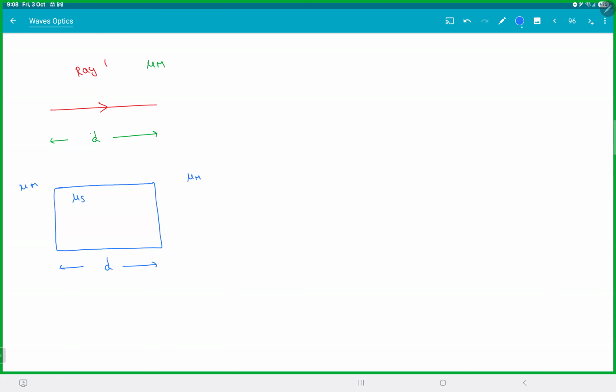now if you send a ray 2, what will Ray 2 think? Ray 2 will think it traveled mu s d by mu m while going through the slab. So that is what Ray 2 will think. I'm traveling this much distance.